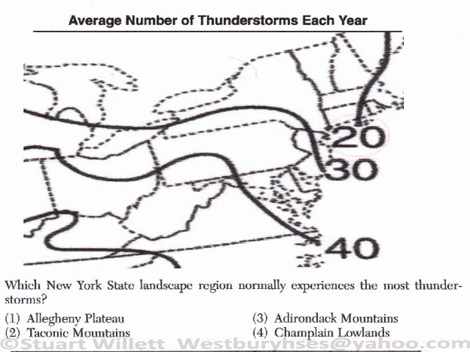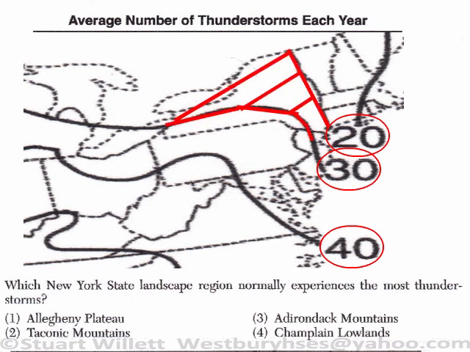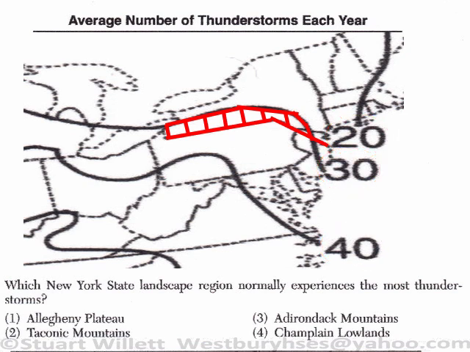And you can see there's three lines here. There are 20, 30, and 40. These lines are the average number of thunderstorms each year. So as you can see, this part of New York is between 20 and 30 thunderstorms each year. This little sliver down here is between 30 and 40 thunderstorms each year. So therefore, this little sliver is going to have more thunderstorms than the rest of New York.